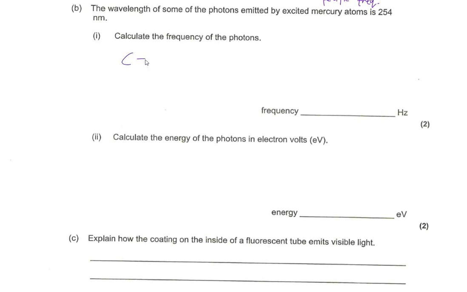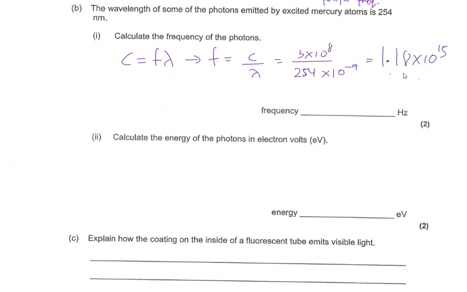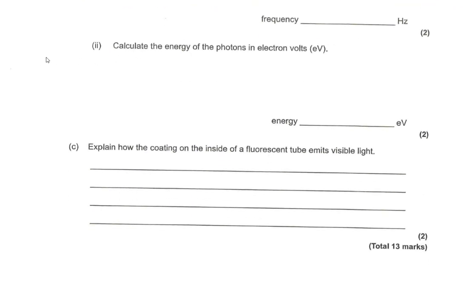So frequency is equal to speed of light over this. This one's straightforward. Speed of light, you guys know this already from the formula sheet. Nanometers must be converted, so this is power minus 9. This will give me 1.18 power 15 hertz.